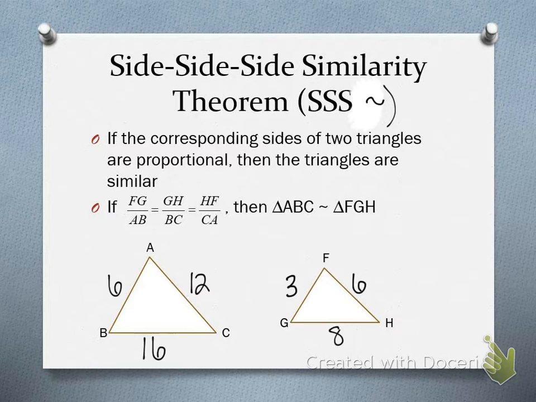I'm just choosing an easy scale factor to use. But if we were to compare corresponding sides, here they put FGH on top, that triangle on top, ABC on bottom, then all of these ratios would reduce to 1/2. 3 over 6 is 1/2, 6 over 12 is 1/2, HF over CA is 1/2. It doesn't have to be 1/2. We could have forced it to be 1/3, 2/3.